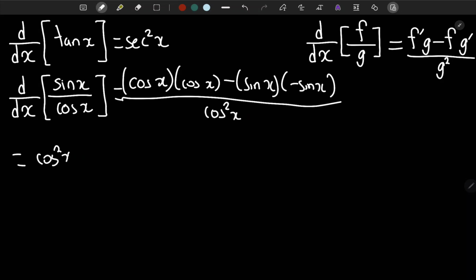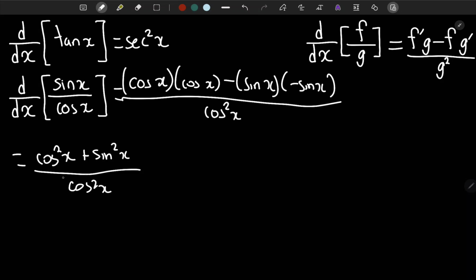cosine squared x minus, and this is going to be negative sine x squared, so it's going to become plus sine squared x. Since we multiply sine x by negative sine first, so that's negative sine x squared, and then there's a minus sign over here, so it becomes plus, and this is going to be over cosine squared x.